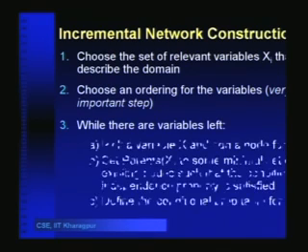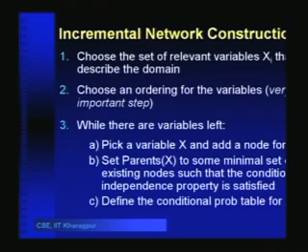While there are variables left, pick a variable x and add a node for it. The way in which we did it was, we started from x1, then picked up x2, then x3 and so on. Set the parents of x to some minimal set of existing nodes such that the conditional independence property is satisfied. Define the conditional probability table for x, right. So, this is the way in which we can construct a Bayes network.